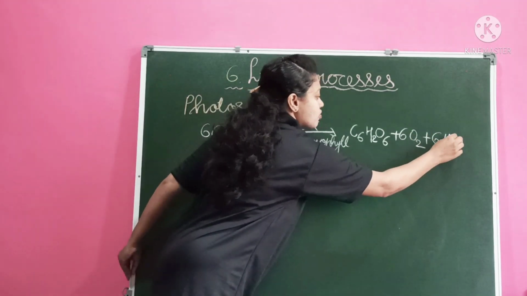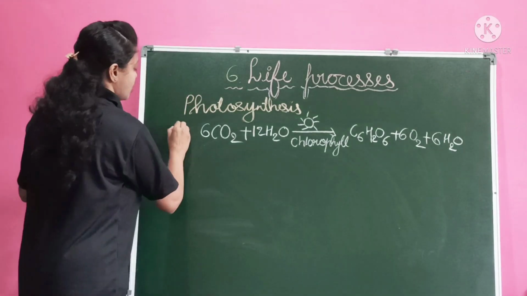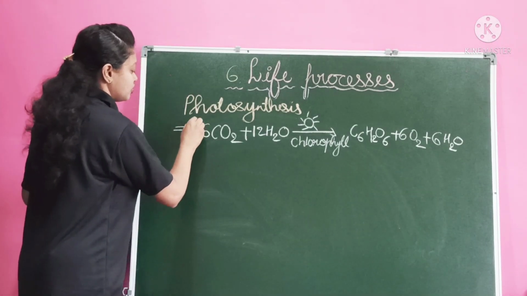This is already a balanced equation, and at this point you have to remember the equation of the process of photosynthesis.